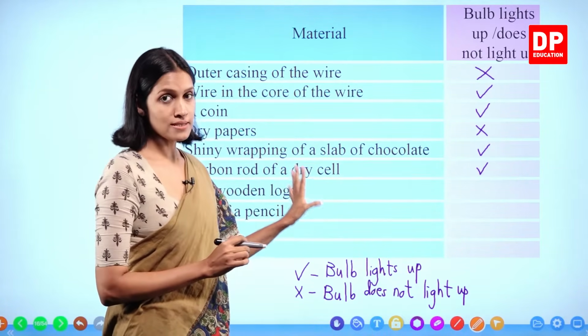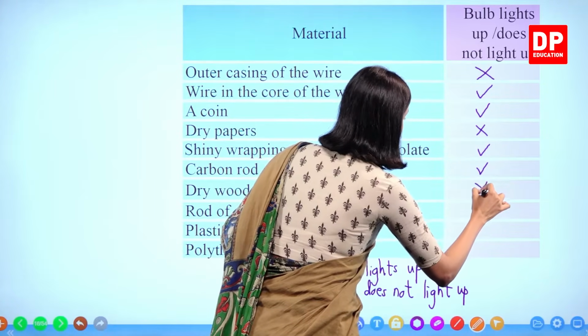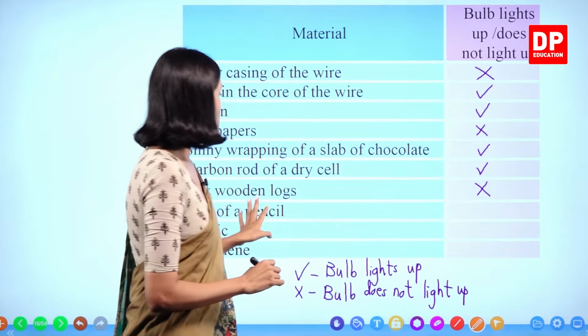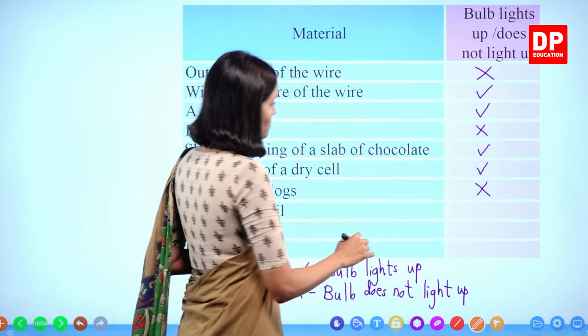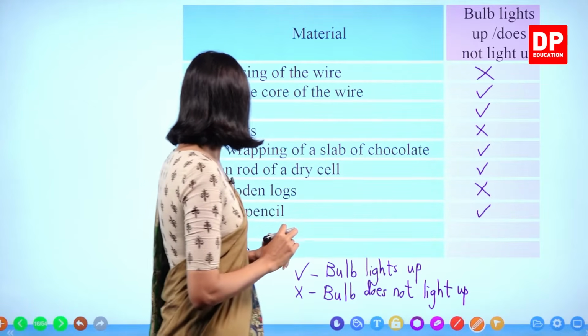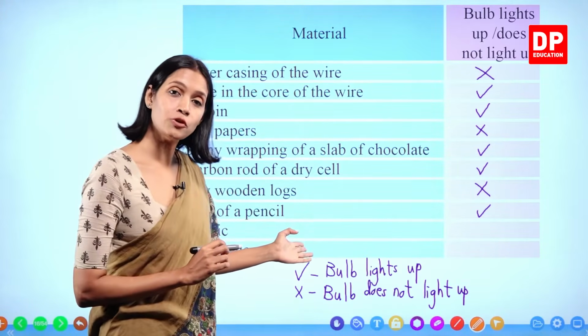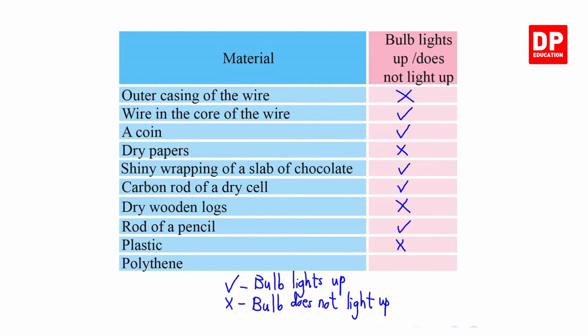Dry wooden logs, no, right? With the dry piece of wood, the bulb did not light up, right? Rod of a pencil, when we use the graphite rod or the pencil rod, the bulb lights up, right? And plastic and polythene board, bulb did not light up, okay?